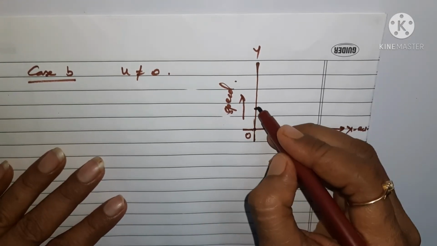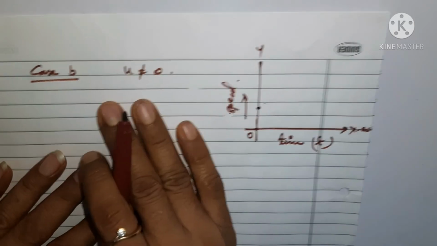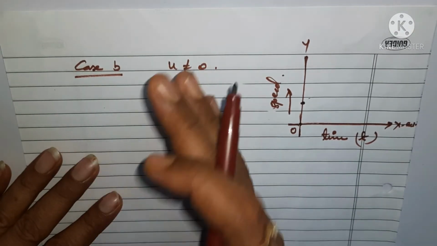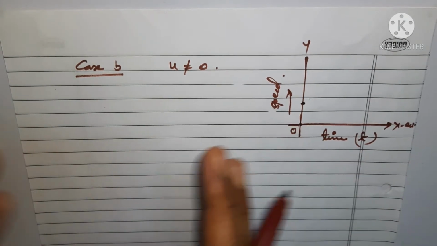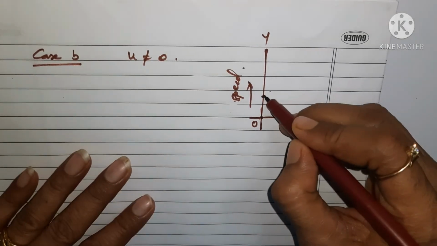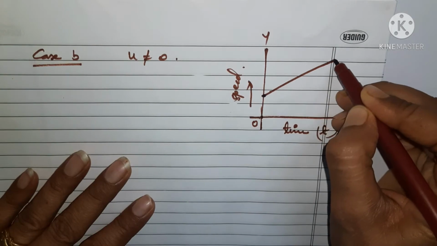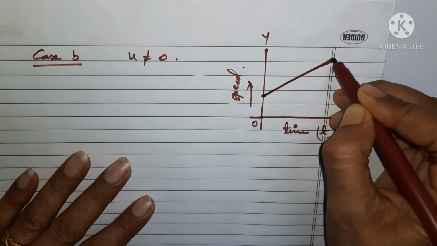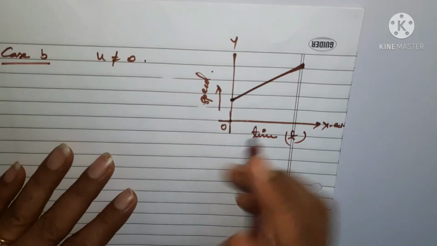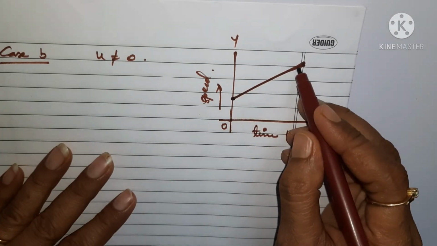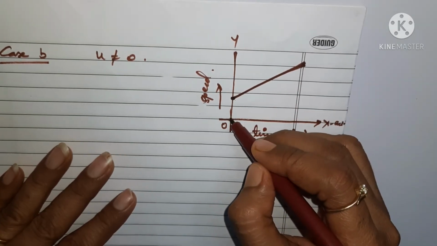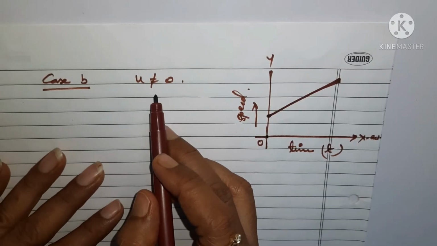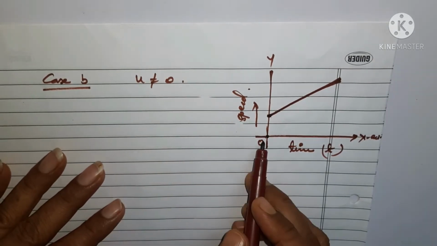Since the acceleration is uniform, because the rate of change of speed is uniform, in this case also we are going to get a straight line graph, right? So you can see that again we are getting a straight line, but it does not start from the origin because the initial velocity is not 0 in this case.